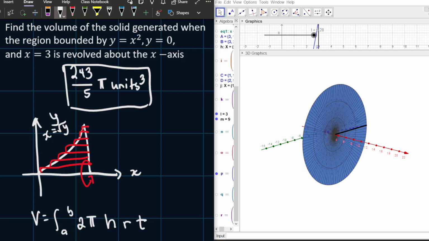So, ibig sabihin, kailangan natin masulat yung height natin in terms of y. Now, technically, kapag nandito tayo sa part na to, yung height natin is given by 3. Yung distance from the origin to the line x equals 3. But as we travel up the curve, lumiliit yung height ng cylindrical shell natin.